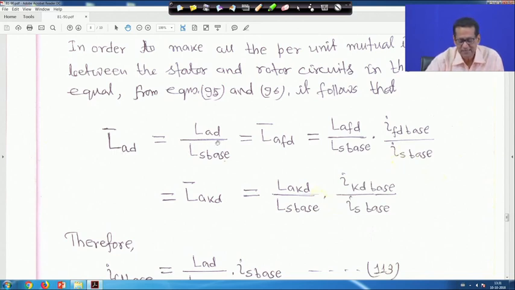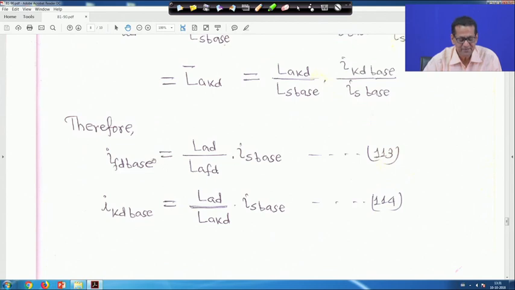Therefore, LAD bar you can write LAD upon LS base is equal to, you have to equate it at LFD bar, that is also we have seen LFD upon LS base into IFD base upon IS base, or this can be equal to LAKD bar is equal to LAKD upon LS base into IKD base upon IS base, right. Similarly, your IFD base will be LAD upon LFD into IS base, and similarly your IKD base will be LAD upon LAKD into IS base.